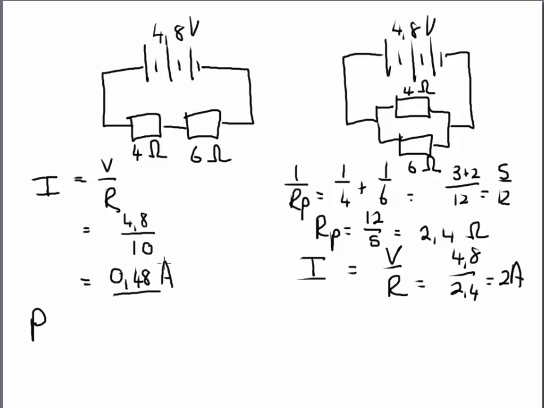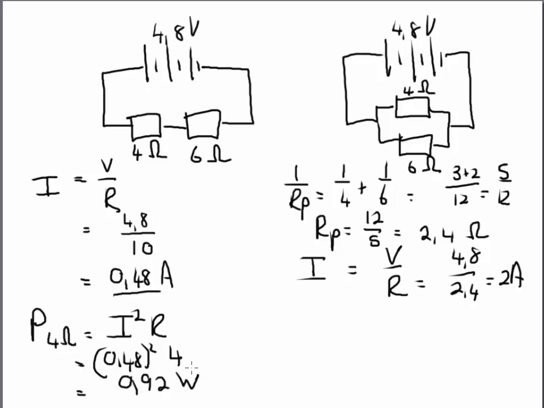Let's go and calculate the power for a 4 ohm light bulb first. For the 4 ohm light bulb, if we go and we take our formula I squared R and we take 0,48 squared times the 4 ohm, it's going to give me a value of 0,92 watt. If I go and I look at the 4 ohm resistor in my parallel circuit, I go and calculate its power.